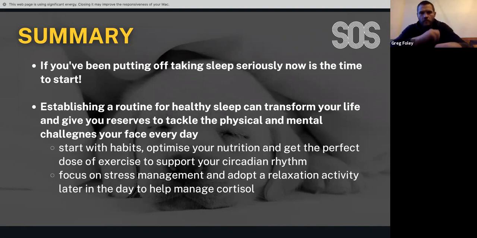Then look at the nutrition side of things, and getting that perfect dose of exercise to support your natural rhythms. Work on stress management. Try to adopt some form of relaxation activity late in the day before you intend to go to sleep, just to help manage cortisol and stress, start winding you down, and put yourself in a better position to go to sleep.